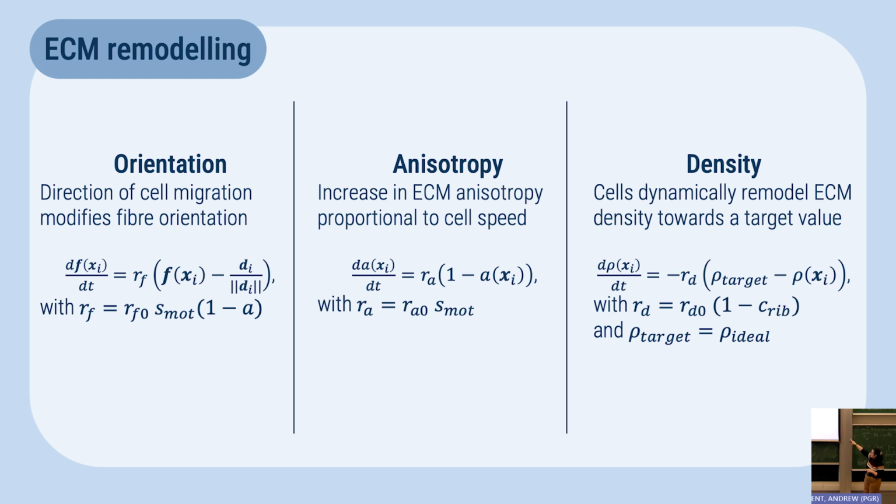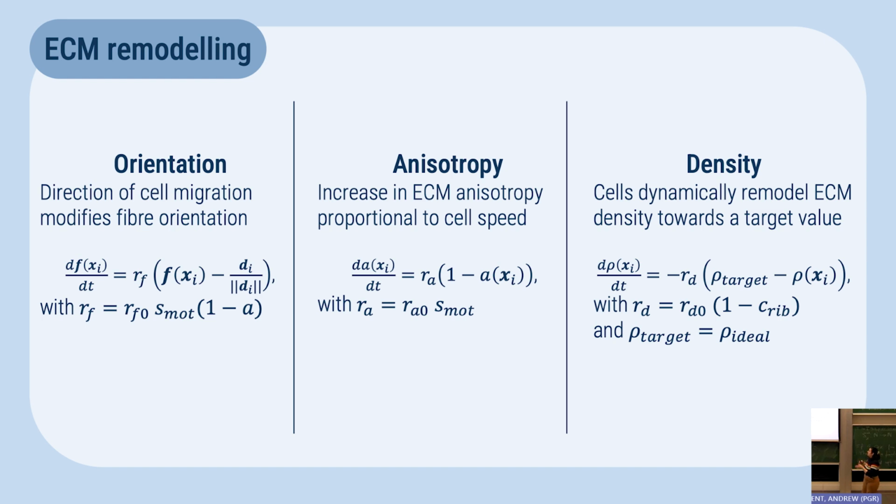What I've added here is how the rate of this deposition and degradation of the ECM depends on the ribose concentration. Here I'm saying that if the matrix is soft and the ribose concentration is low, the cells will degrade the ECM density faster.